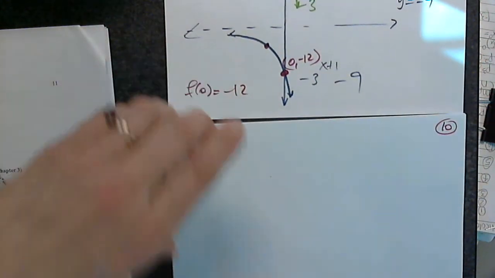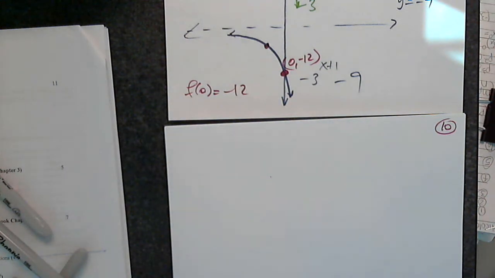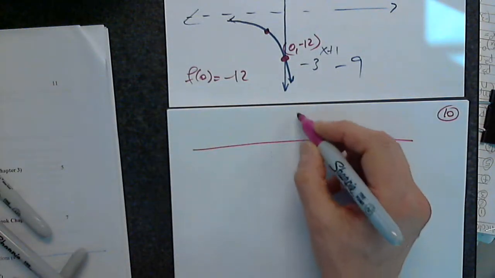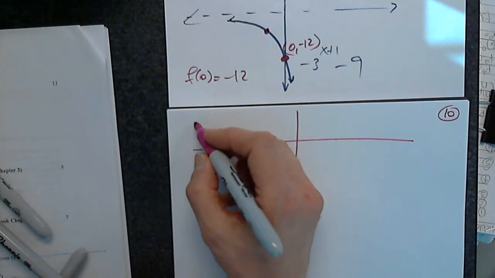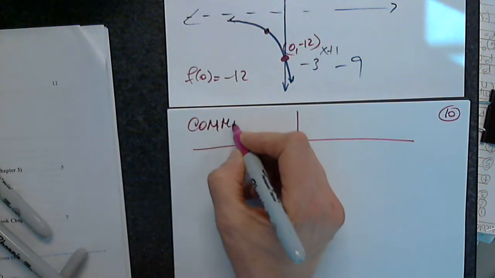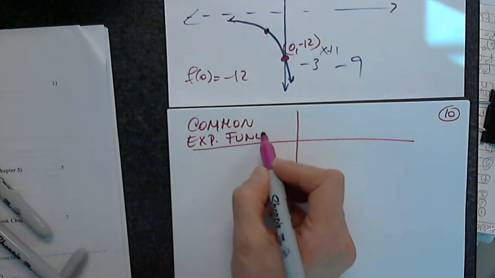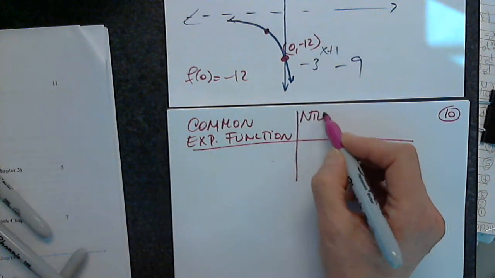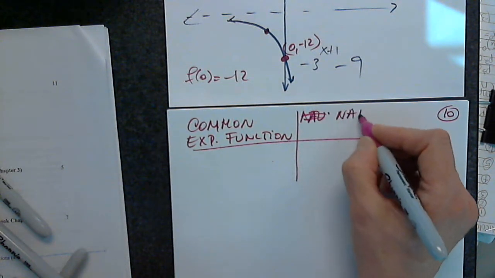Okay. So now there are 2 very important functions, both with base greater than 1. One is called the common exponential function, and the other one is called the natural exponential. I can't write today.